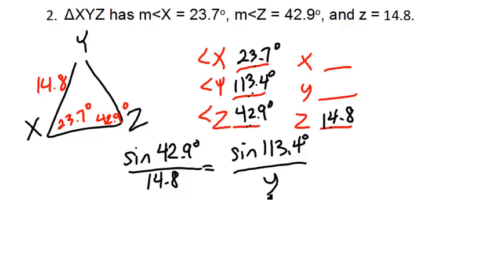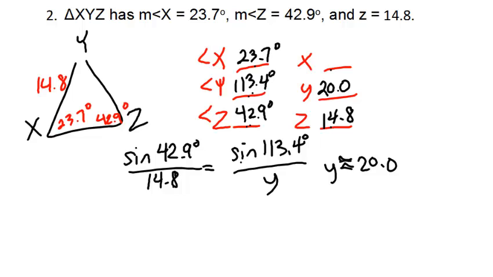If you cross multiply from here, 14.8 times that sine of that angle, divide the result by the sine of 42.9, you get a 20.0 about. So y is about 20. Now, you can't Pythagorean theorem your way into the answer because this is not a right triangle. So you have to now set up another law of sines to get the remaining side.